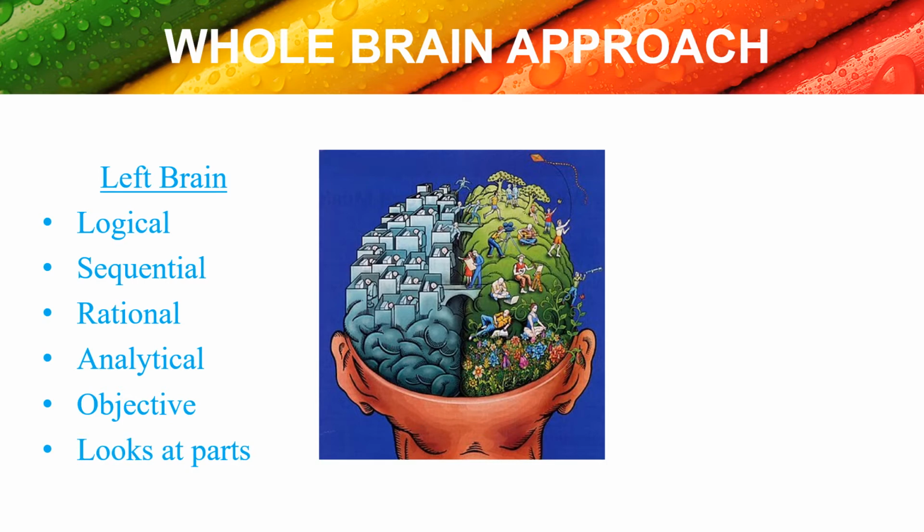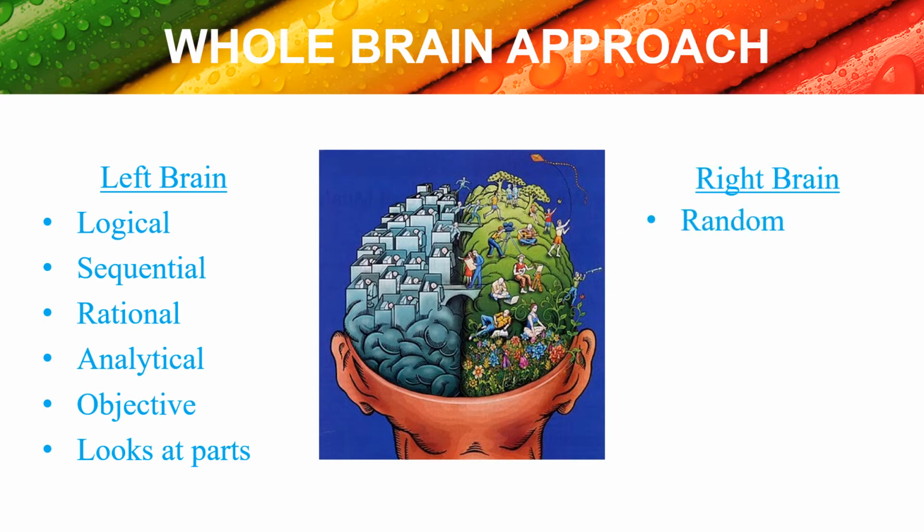Also, it does not perceive things as a whole. It breaks the whole down into smaller parts, and these smaller parts are minutely, rationally, analytically, and objectively observed to get the idea of the thing.